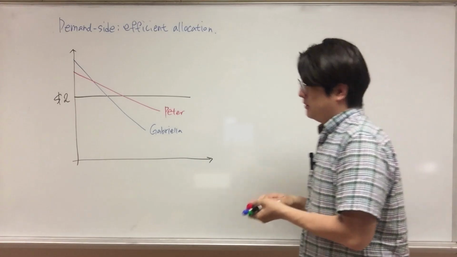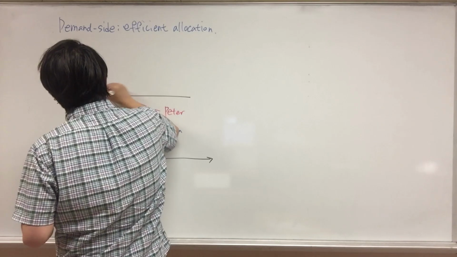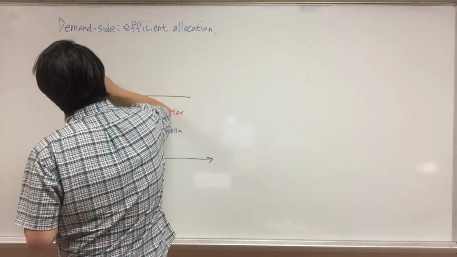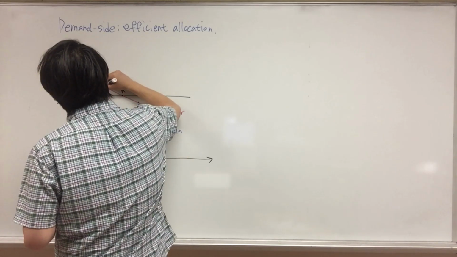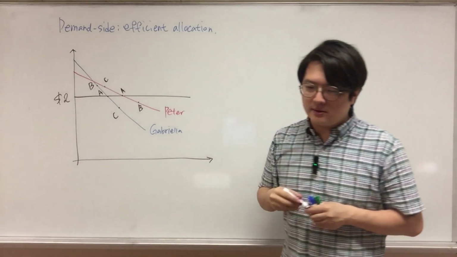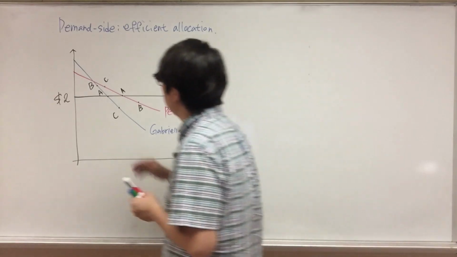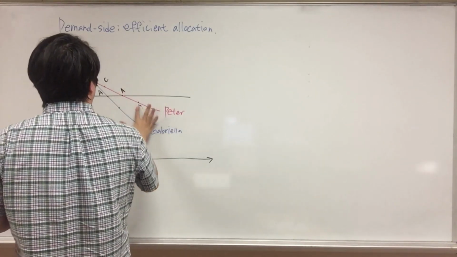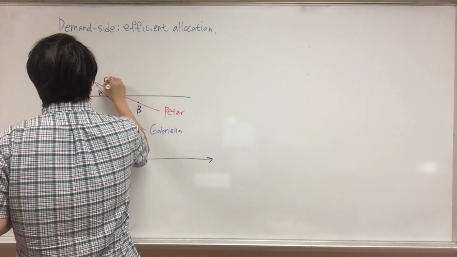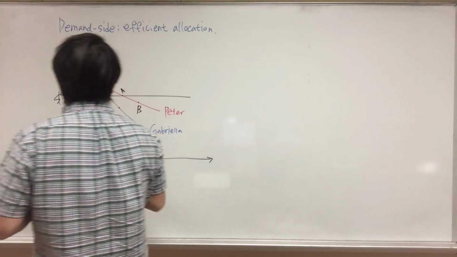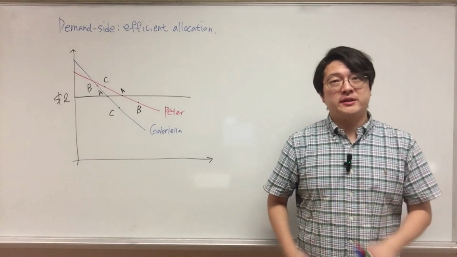Okay, so let me label the A point. Here is a B, here is a C. So that is an example of B and C.